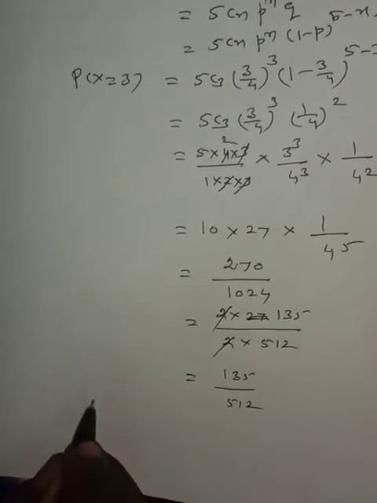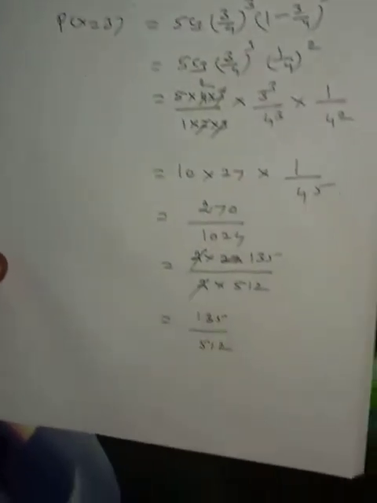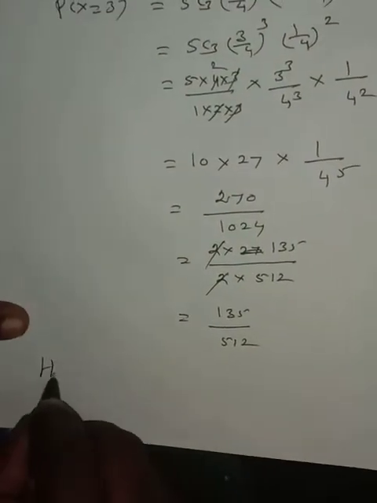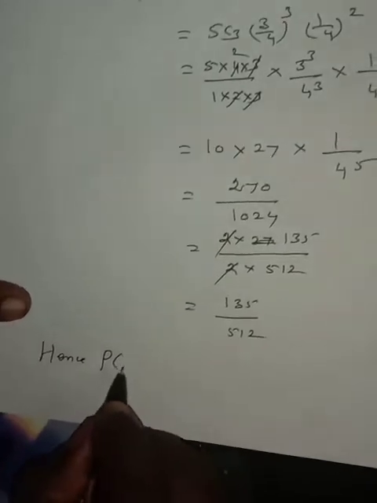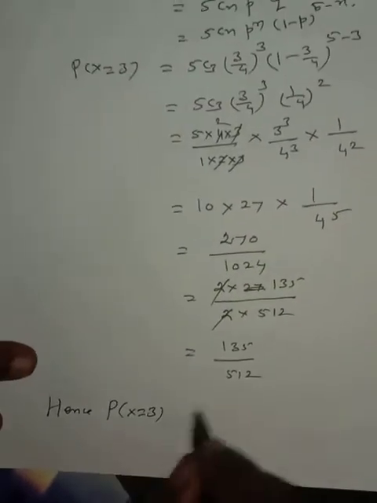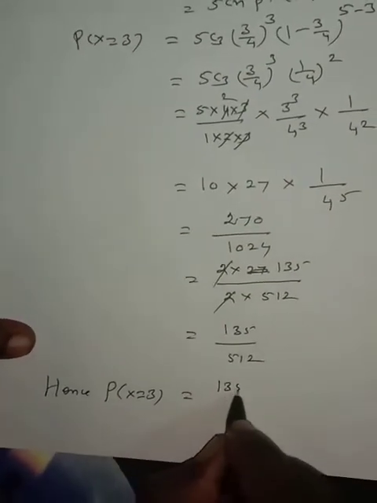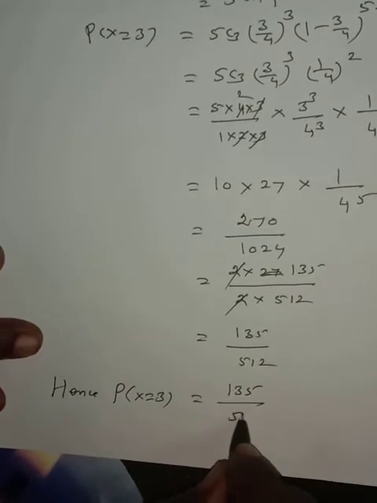Hence P of x equal to 3 is 135 divided by 512.